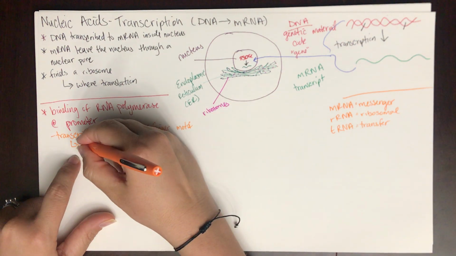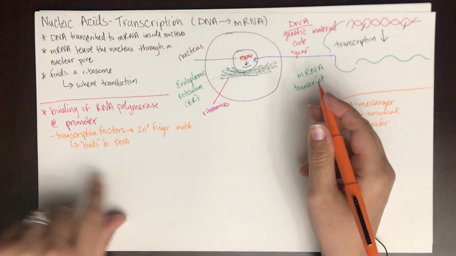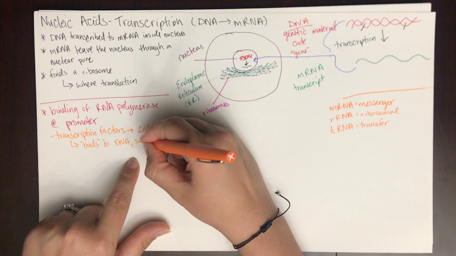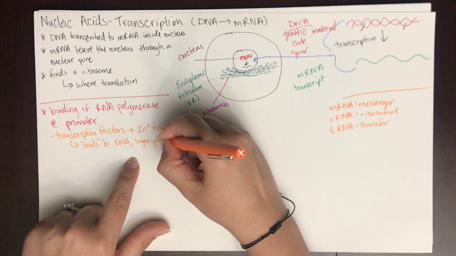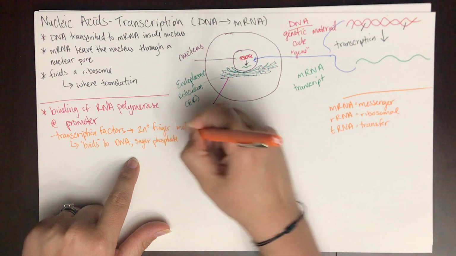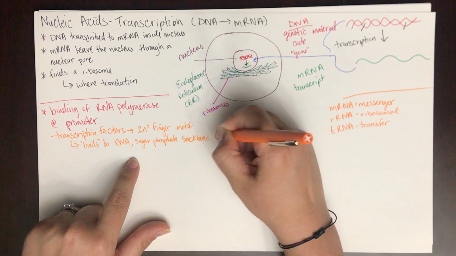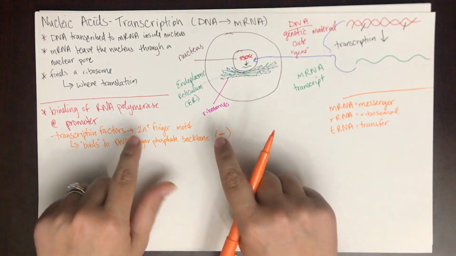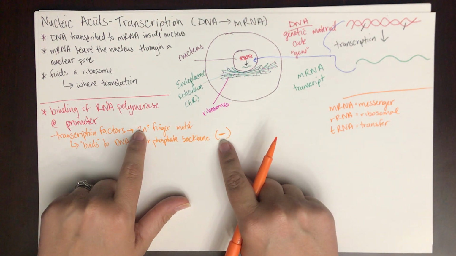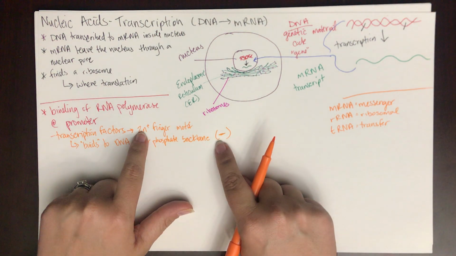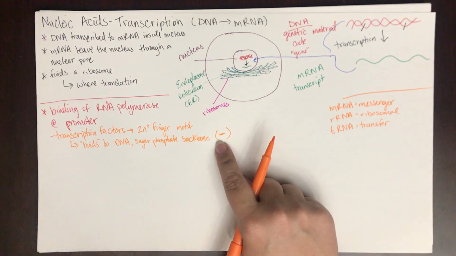It doesn't really bind, it's attracted to the DNA because remember the DNA has that sugar phosphate backbone. And remember what phosphate is. Phosphate is very negative. So this is an example of a non-covalent interaction that is important in these processes of DNA transcription.